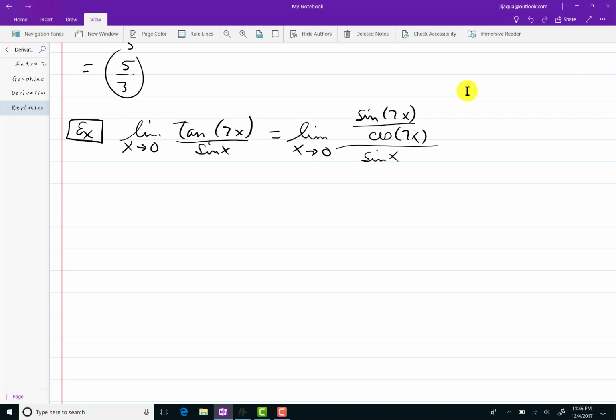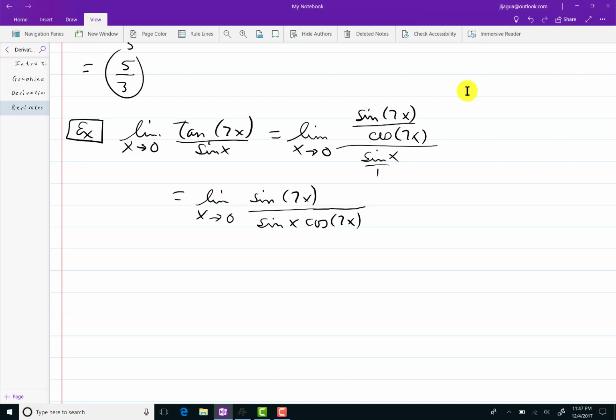As I've been harping on over and over again, think of that sine of x as over 1 so that you know what to do next. This will become the limit as x goes to 0 of sine of 7x divided by sine of x times cosine of 7x. So here I am a little bit stuck.